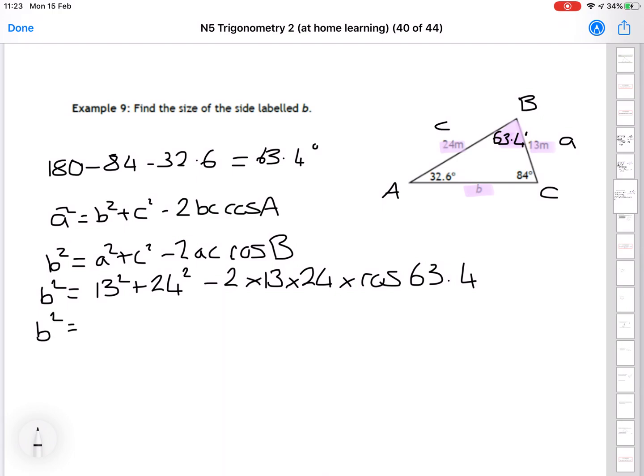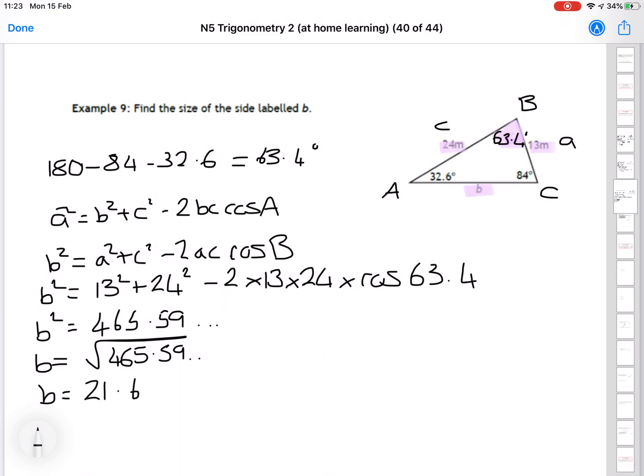Hopefully your calculator will allow you just to do that all in one go. And again, we're going to get a big long decimal answer: 465.59... which means continuing. The last step would be just to square root that answer, because that's b squared and I need b. So 465.59... and when you square root that answer, you're going to get an answer of, I'm going to go for one decimal place, 21.6, and the units here are meters.